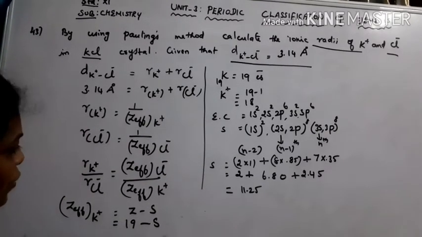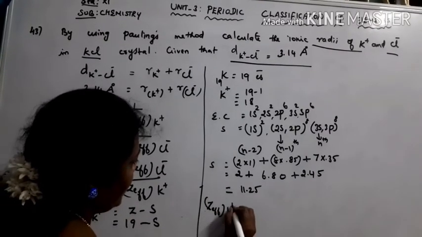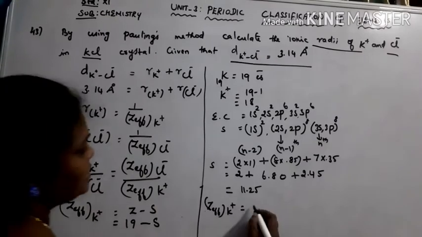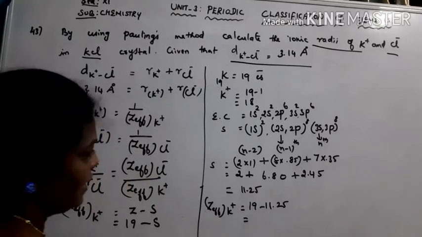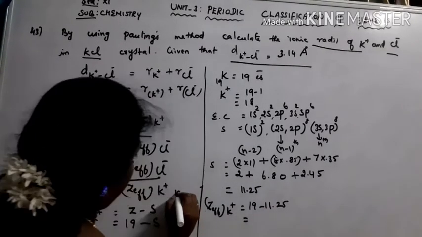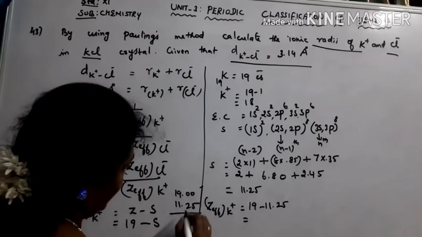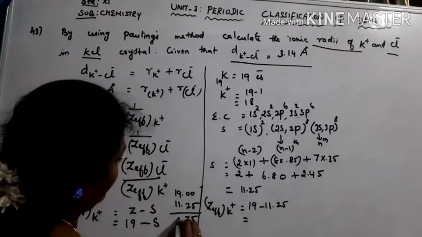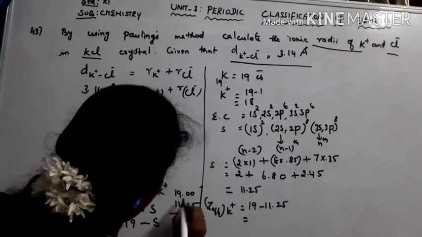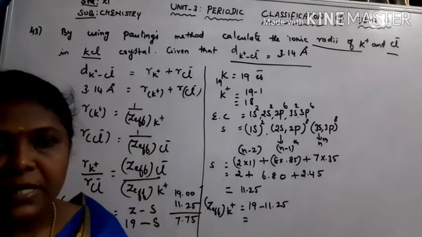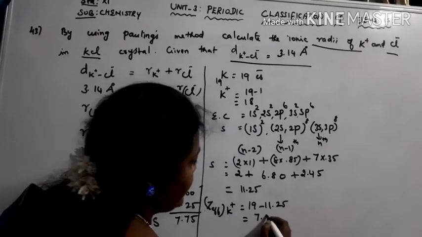What's the formula? Therefore, effective nuclear charge of K plus equals atomic number 19 minus 11.25, which is equal to 7.75.